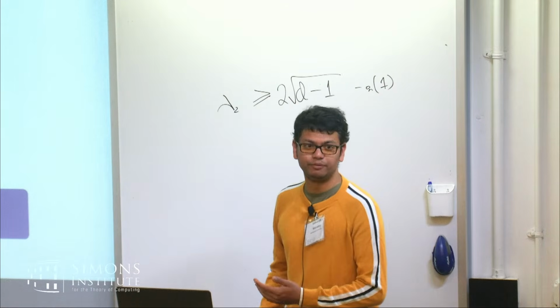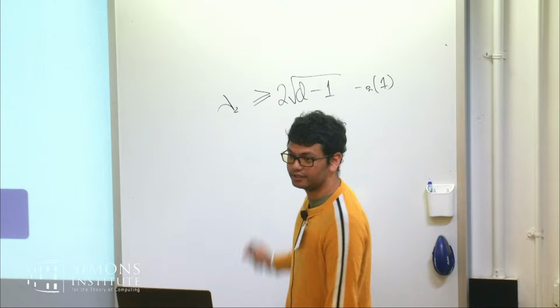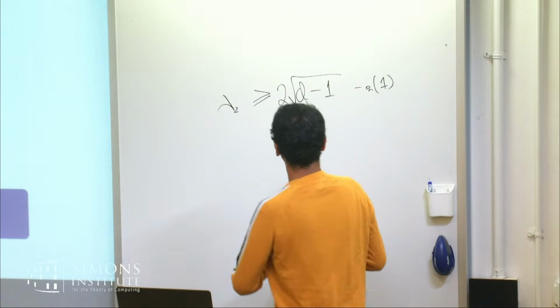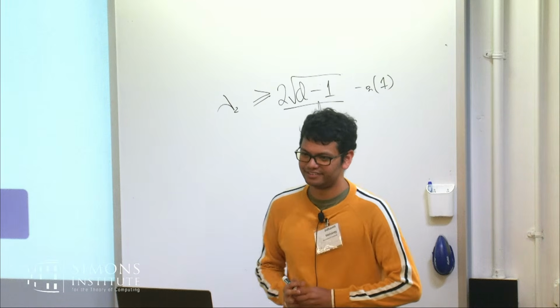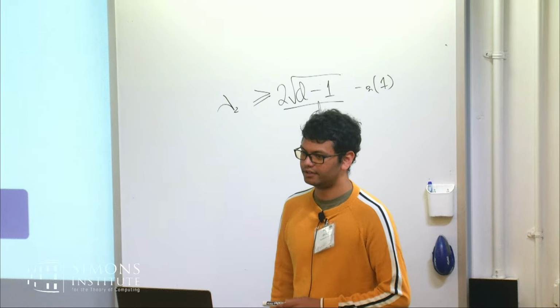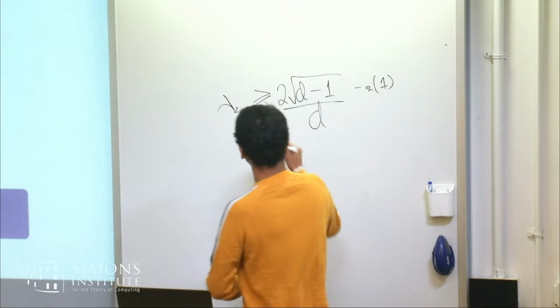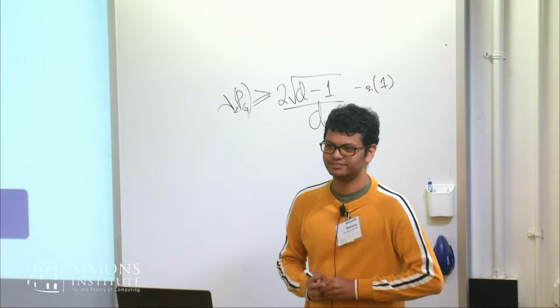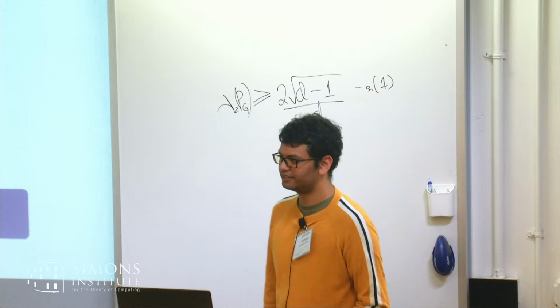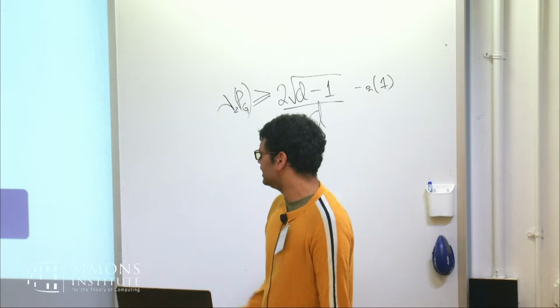And I assumed optimal meant you hit that. Normalized, yes, I was working with the normalized transition matrix, so lambda 2 of P_G.